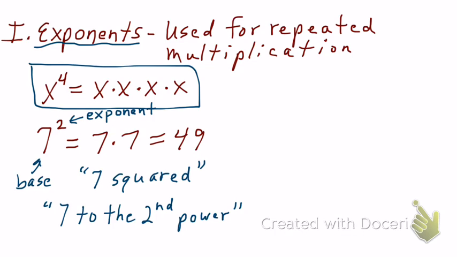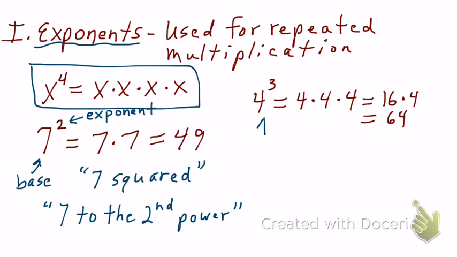Let's look at another one. What if we had 4 with an exponent of 3? Well, that means multiply 3 4s. So we can multiply the first 2, we get 16 times 4, we end up with 64. Again, it's important to know how to say these.